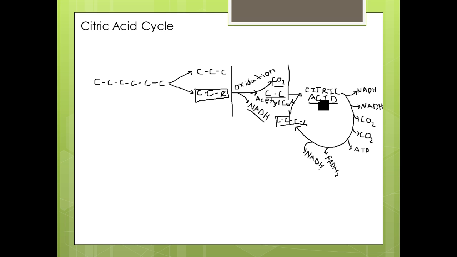The 6-carbon molecule then loses 2 of its carbons, just like it did back here with this pyruvate, and they become CO2. And then it comes back around in the cycle and does it all over again, because you have 4 carbons again.